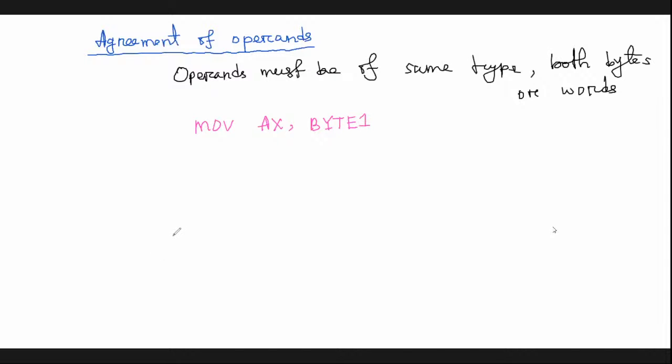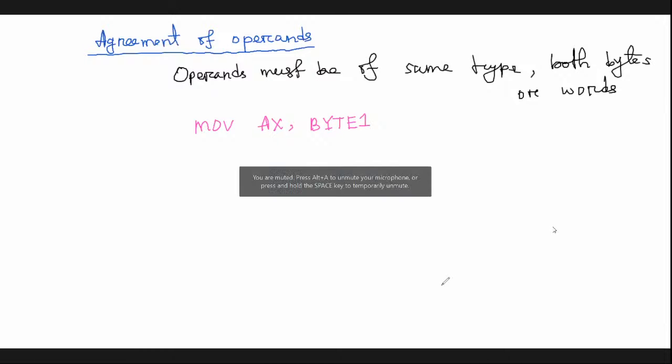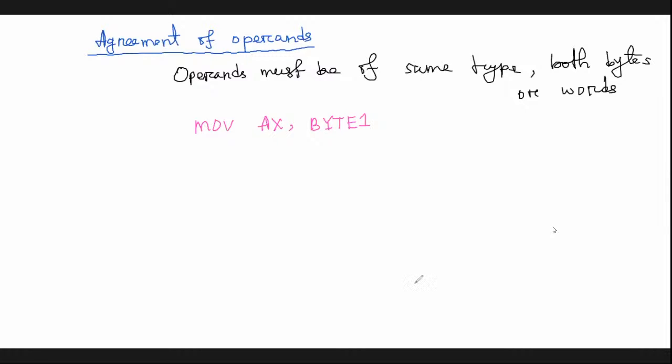Now tell me, is this a correct instruction? No, sir. Why? Sir, one is a register and the other is a byte, another one is a word. Exactly, that is the thing. So how can you make it correct?